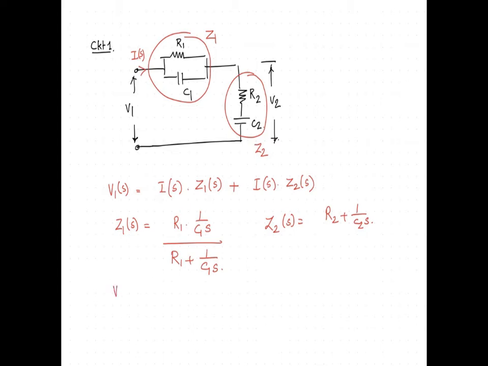The figure says the output is V2(s), and that is nothing but I(s) into Z2(s).